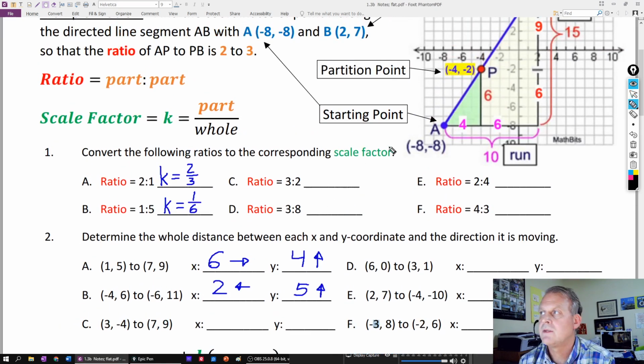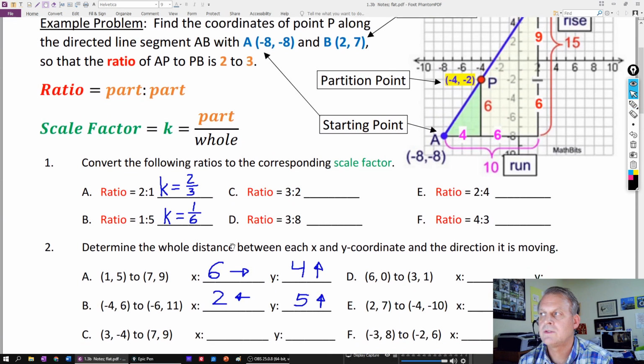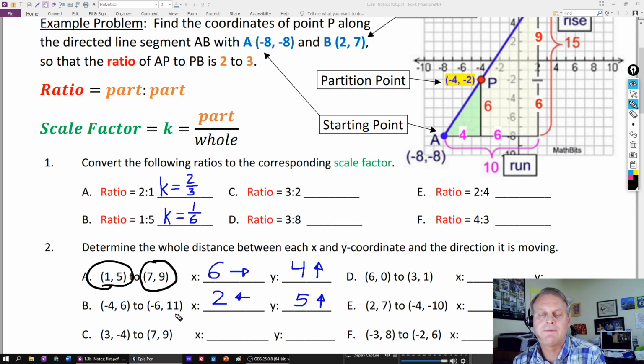I want you to be able to use this, to go from these coordinates and have a sense of what's happening on the graph. So here's our starting point at 1, 5, and our ending point is 7, 9. I just want you to have a visual picture in your mind of what you're doing when you're going from 1, 5 to 7, 9.